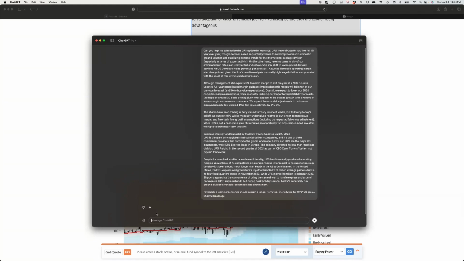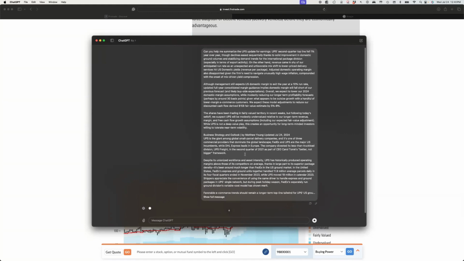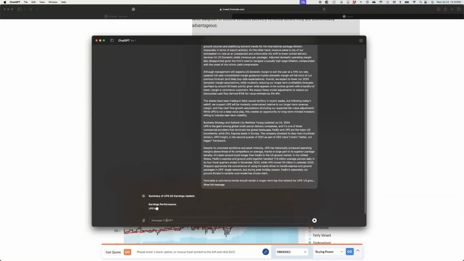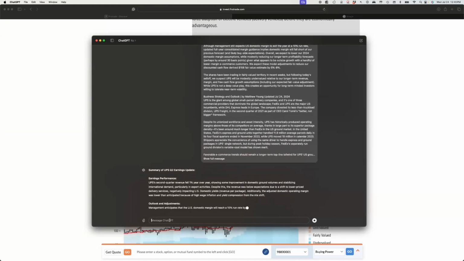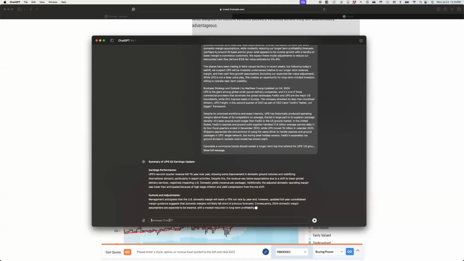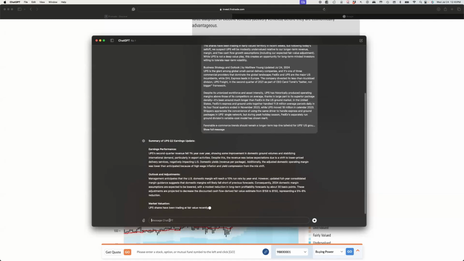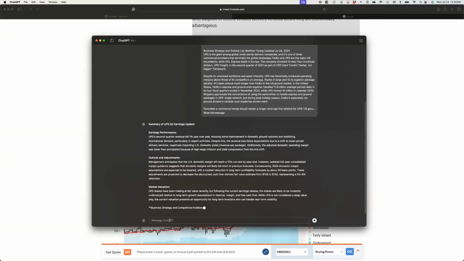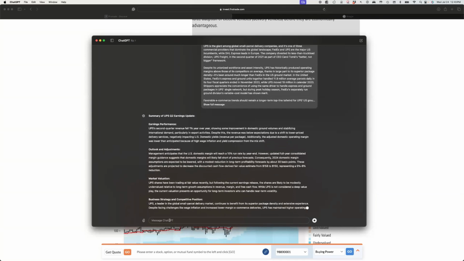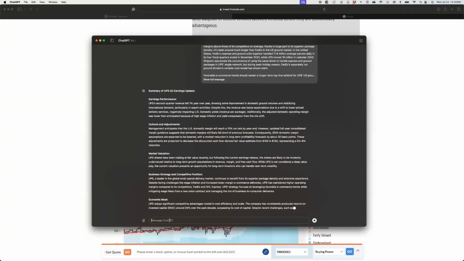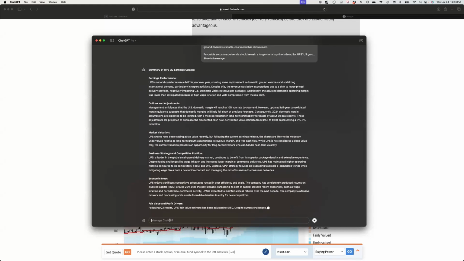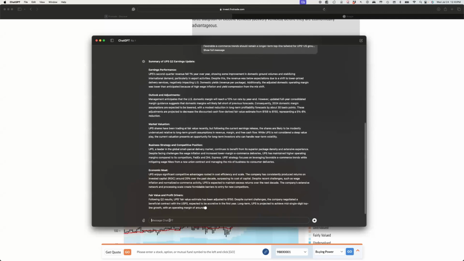I copy and pasted this whole thing in, and it can help me provide a summary of what happened in the last earnings report, right? A lot of times these research reports can go really long and get really technical and have a lot of information, and sometimes it's hard to figure out what the analyst views are from that specific report. ChatGPT is a really fantastic tool in helping you summarize it.